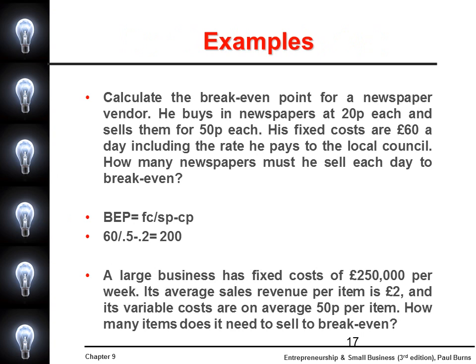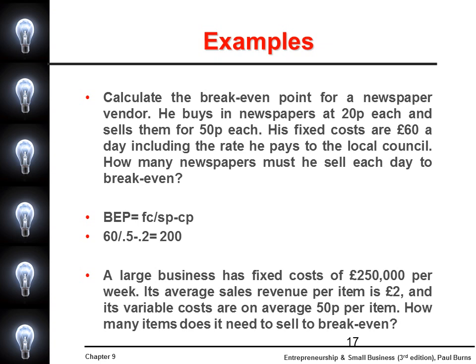So again, this is an example. You have to calculate the break-even point for a newspaper. He buys a newspaper at 20p each and sells them for 50p each. So his fixed costs are 60 a day, including the rate he pays the local council. How many newspapers must he sell each day to break even?